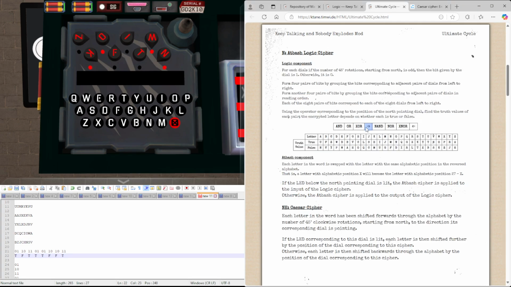So the true letters lit apply to the output of the logic cipher.